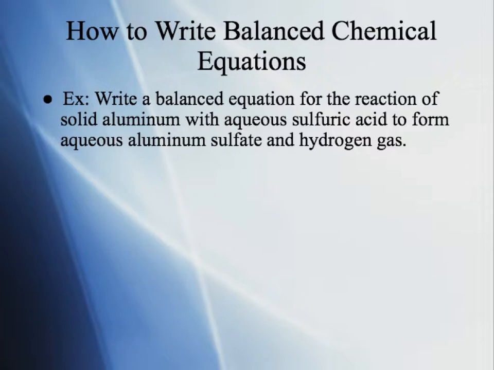It says, write a balanced equation for the reaction of solid aluminum with aqueous sulfuric acid. Remember, sulfuric acid, ic means it comes from the -ate version of the polyatomic ion. So sulfate is SO4.